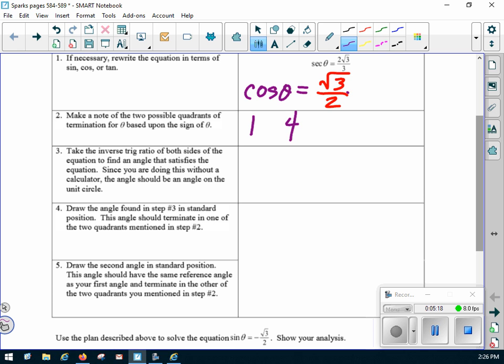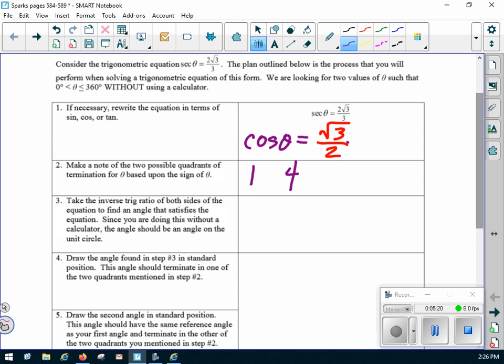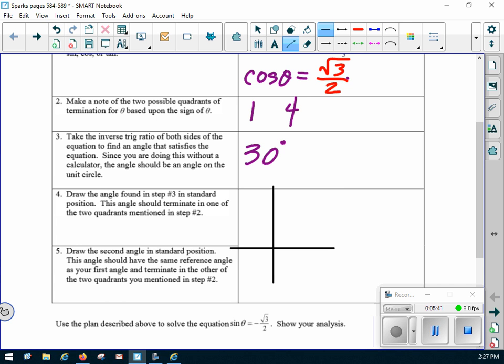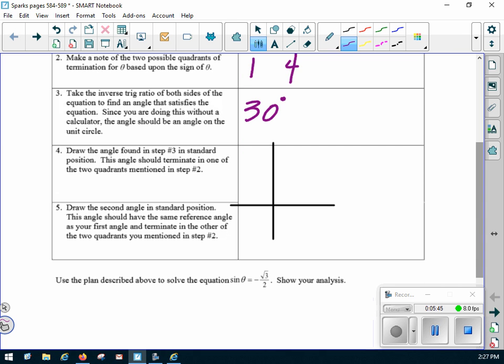Now, we're being asked to do this one in degrees, aren't we? So 30 degrees is one of my answers, because I was supposed to find an angle in quadrant 1. What other quadrant do I need to find? Now, how am I going to find an angle in quadrant 4 that also has a cosine of square root 3 over 2?